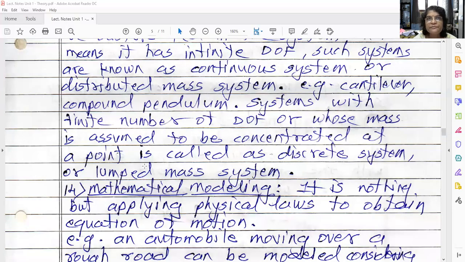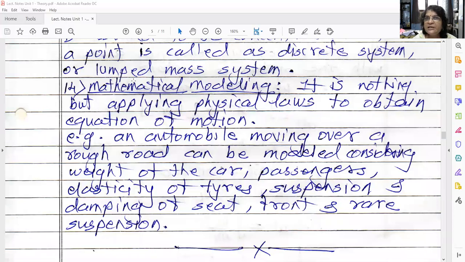Now the last definition is mathematical modeling. It is nothing but applying physical laws, the laws of physics, to obtain the equation of motion.